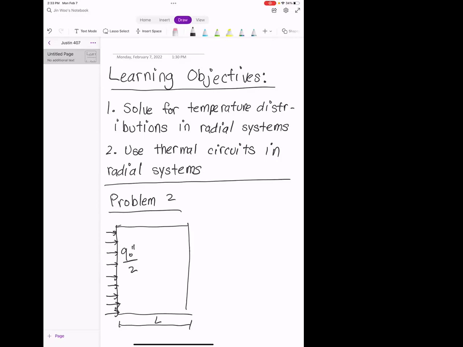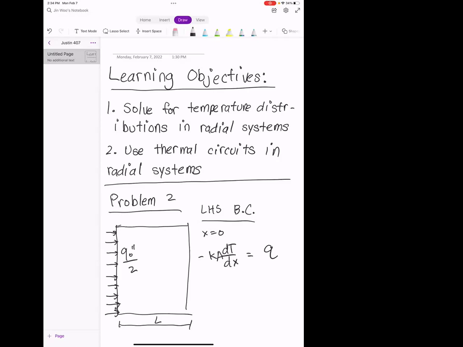If you're applying the boundary condition on the left-hand side, the way we apply it is with Fourier's law. Fourier's law is minus k dT/dx times A, and this is equal to the amount of heat being applied on that side.